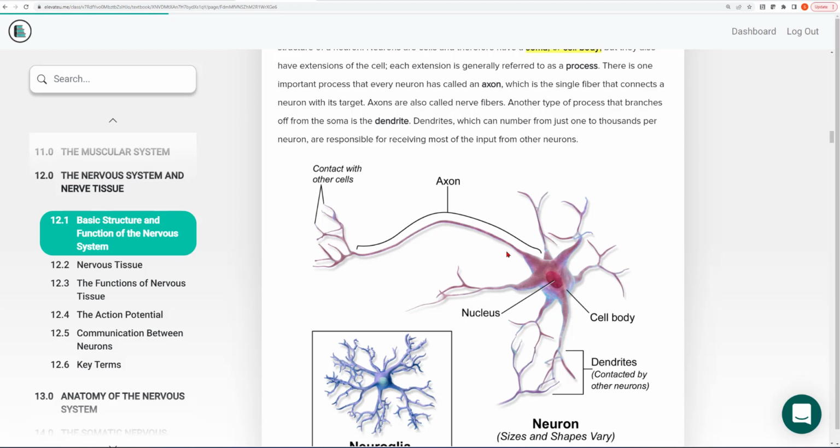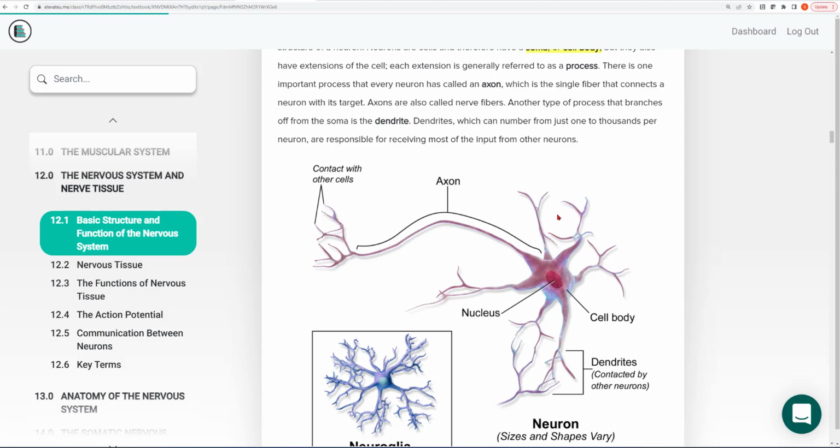Now coming off from the soma are a number of projections. Just like in bone, where something that stuck out of a bone was oftentimes called a process, same is true here. These are processes that are sticking out of the soma. The vast majority of these processes are dendrites. Dendrites are the shorter type of process.